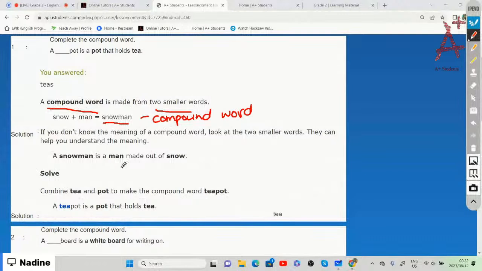A man made of snow, right? Because snow plus man. We said snow is basically ice that is raining from the sky, right? And then we have a man, the opposite of woman, it's a person.